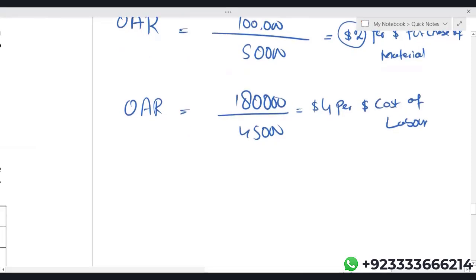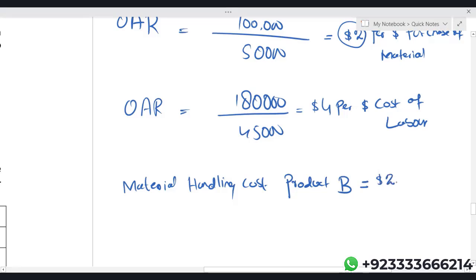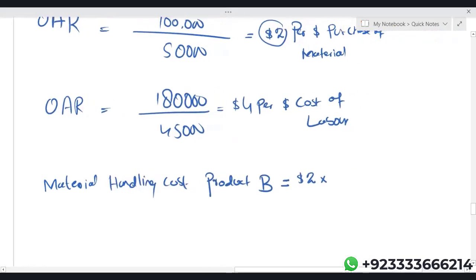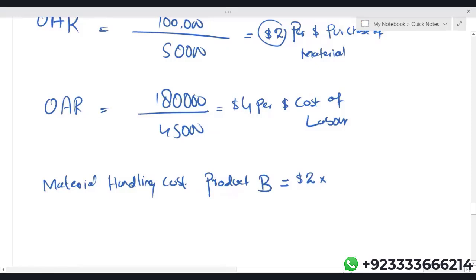So the material handling cost for product B is $2 per $1 purchase of material. In order to manufacture 1 unit of product B, we have purchases of material of $20. So it means on handling cost, you have to bear $40.